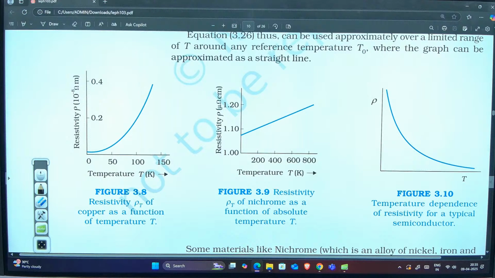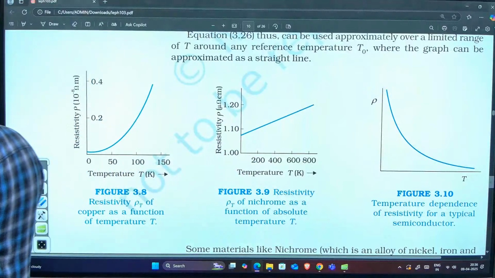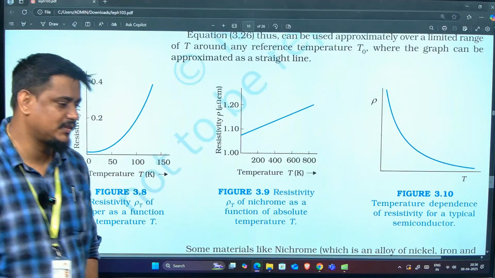What I'm showing you is the graph of variation of resistivity with temperature for different materials: conductors, semiconductors and alloys.